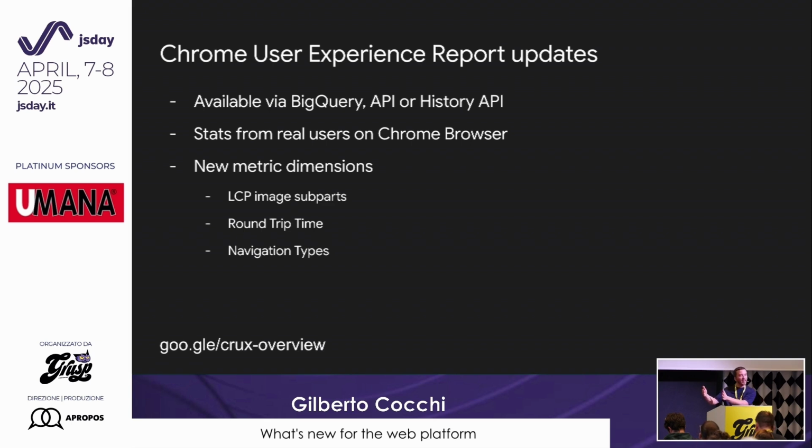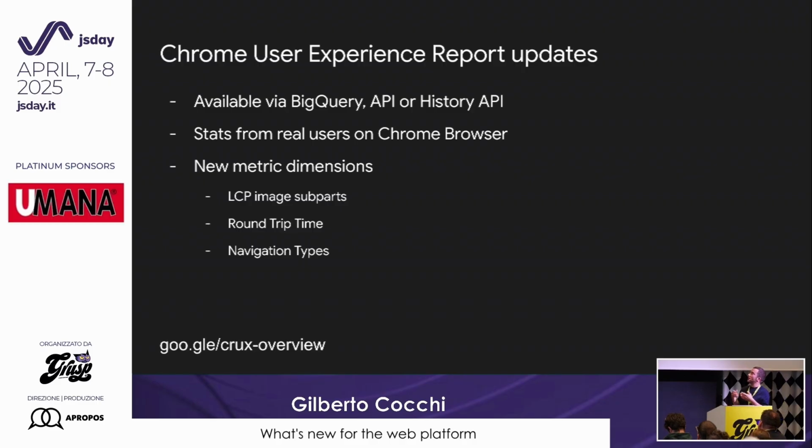Lighthouse is only a lab synthetic testing tool, right? Okay. The real data that you see on web.dev comes from Chrome real traffic, not Googlebot, and is collected and outputted to you via different models. You can access it via BigQuery, via a free API, and a history API.